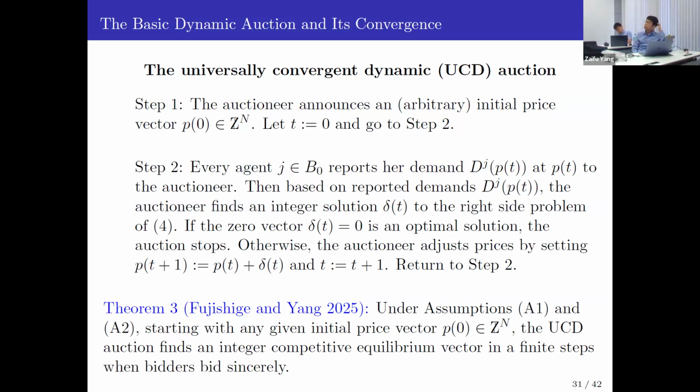Okay, if the zero vector is an optimal solution, then the auction stops. Otherwise, the auctioneer will update the price in such a way, and repeat this. So what we can show is that this auction will always find an integer competitive equilibrium price vector in a finite number of steps when bidders bid honestly.